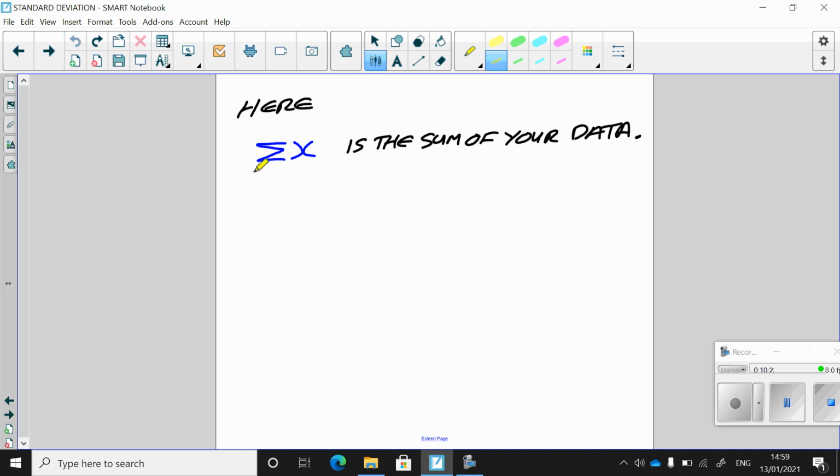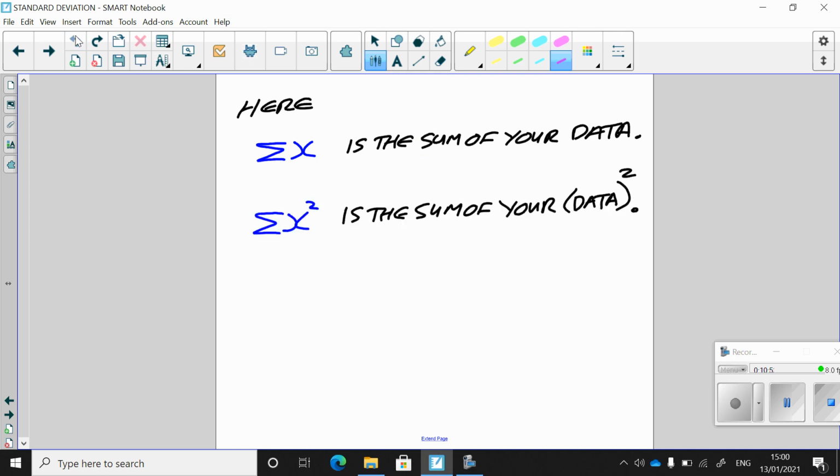Big sigma means add up, or sum, your numbers. Our numbers we refer to as x. We like to call our numbers x. All the x's make up our data. So we've got lots of x's. X is just our reference to the numbers.